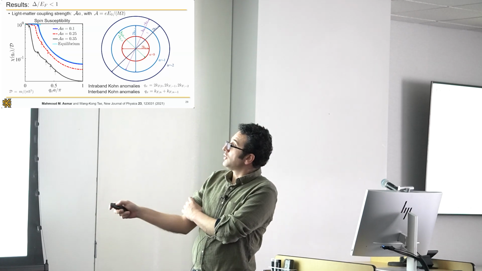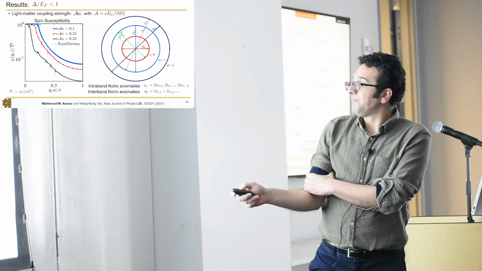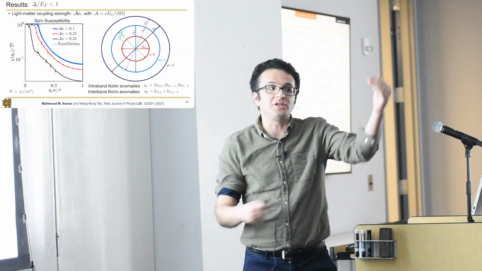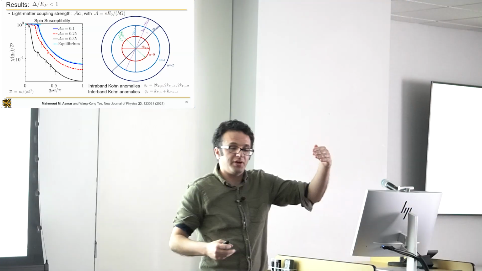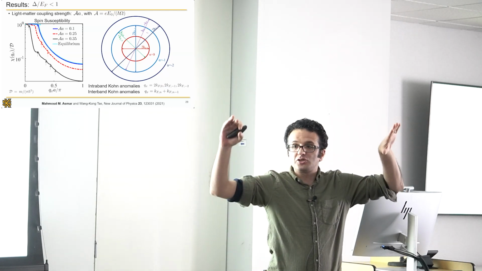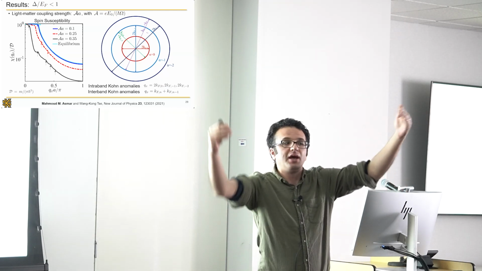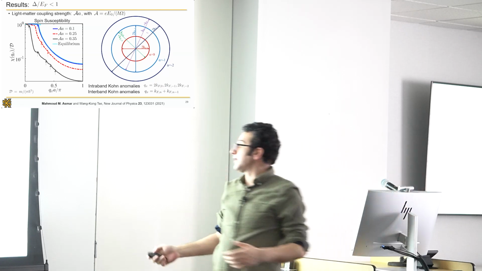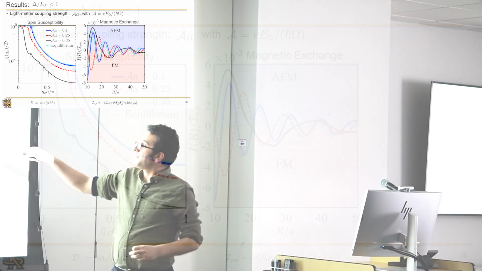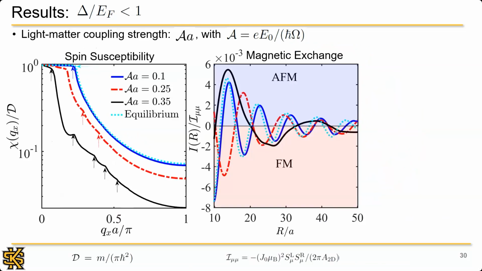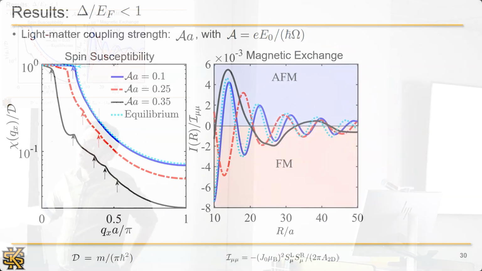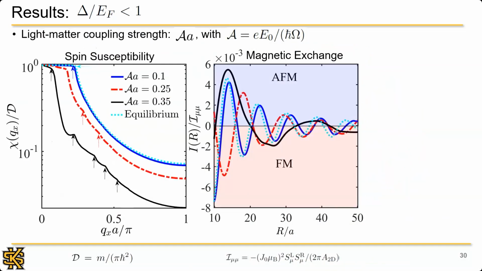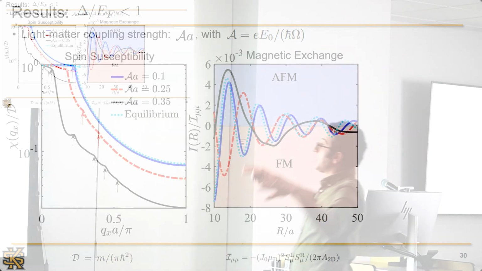One thing I should mention is that the occupation of the Floquet bands is always in sequence. The band that has the highest occupation is usually the equilibrium-like band, and then the other bands are occupied, but not as much as the equilibrium-like band. Okay? Now if I look at the magnetic exchange, I notice that it is dominated by one of the cone anomalies, the cone anomaly of the band that has the highest occupation, which is the equilibrium-like band.